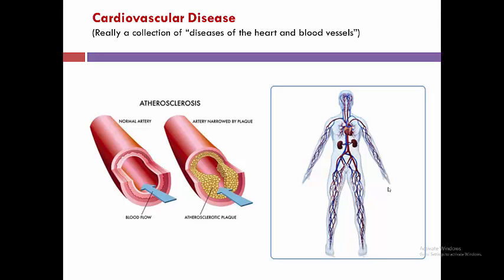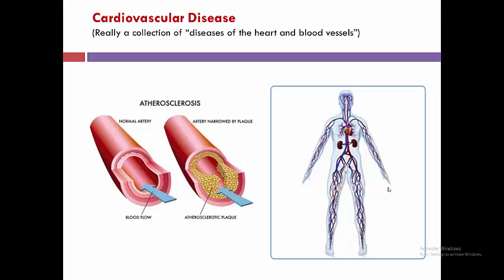That is a form of cardiovascular disease. And that form of cardiovascular disease leads to other forms of cardiovascular disease, such as DVTs, deep vein thrombosis, heart attacks, strokes, peripheral vascular disease. It can damage the vessels to the kidneys, resulting in kidney failure, and so on.